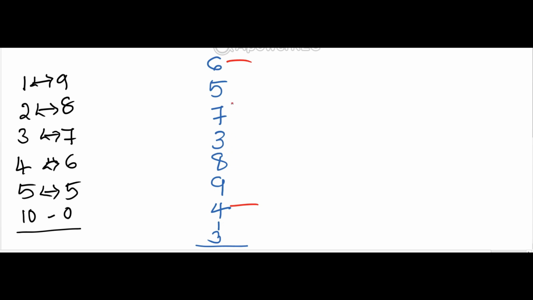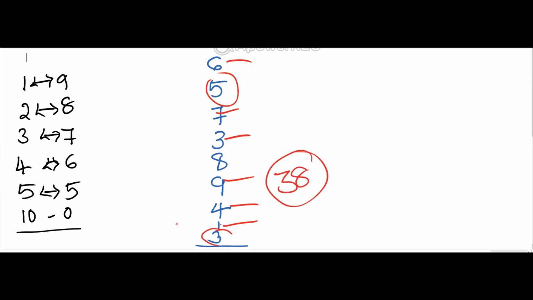Now 5 we don't have, don't worry. See, 20. Next 30. So what is remaining? 30, 35, 38. 38 is the answer. All you have to do is just see the friends. If there are friends, no problem. If no friends, we have to make friends so that we can solve the problem easily.